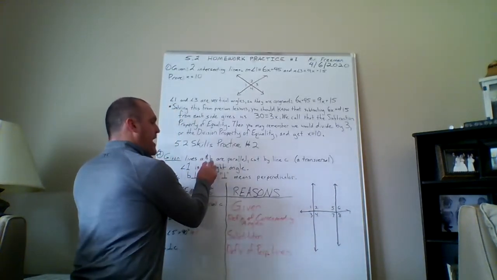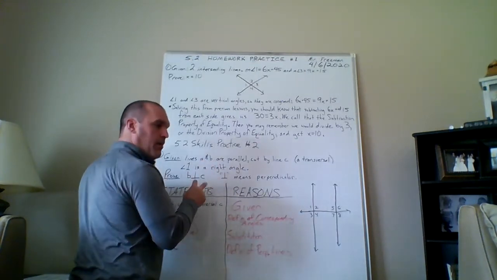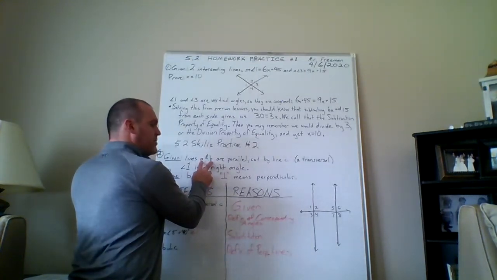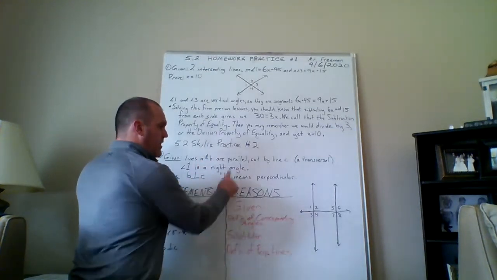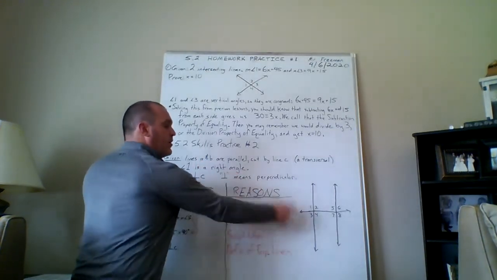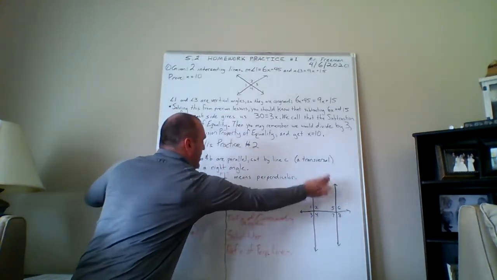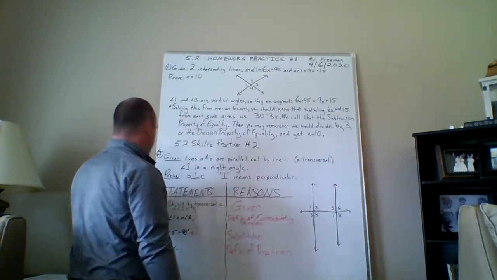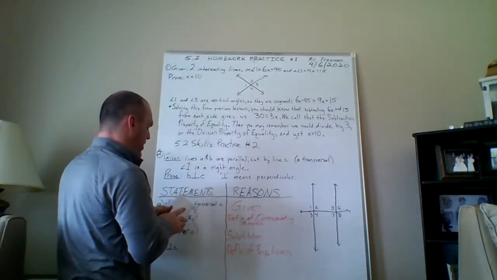Given that the lines A and B, lines by the way are always noted by small lowercase letters. You should never use a capital A and a capital B because those denote points on a graph. They are parallel. Those two lines are parallel is what they're saying. Let me just check, I want to get this perfectly right for you.